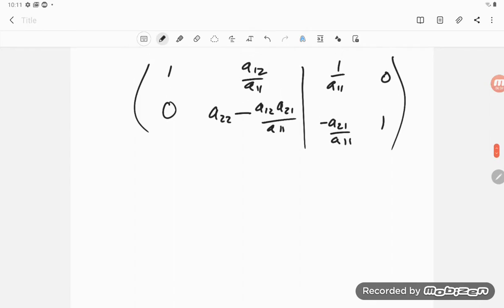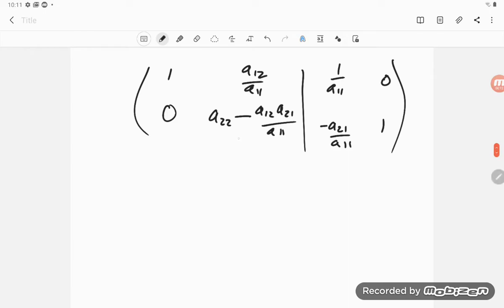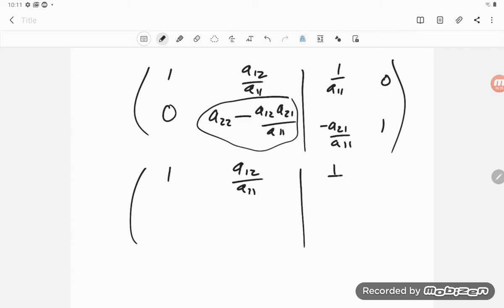Now I need to divide through the bottom row by that number, but it's going to be a lot easier if I get a common denominator first. So I'll rewrite this with a common denominator: a12 over a11, 1 over a11, 0, 0. I just need to multiply the a22 by a11 over a11, and so I get a11 a22 minus a12 a21, all divided by a11.